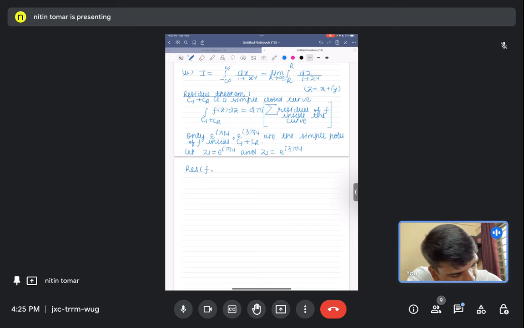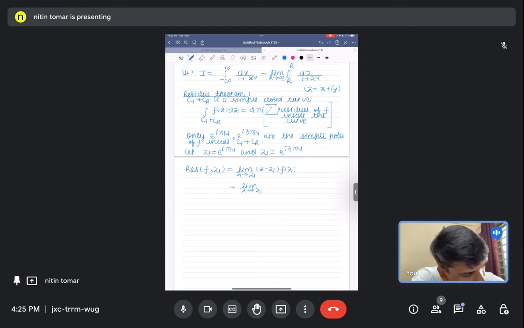If you compute the residue at z1, these are simple poles, right? So the residue will be the limit as z approaches z1 of (z minus z1) f(z). Because it is a simple pole. Now what is this limit?